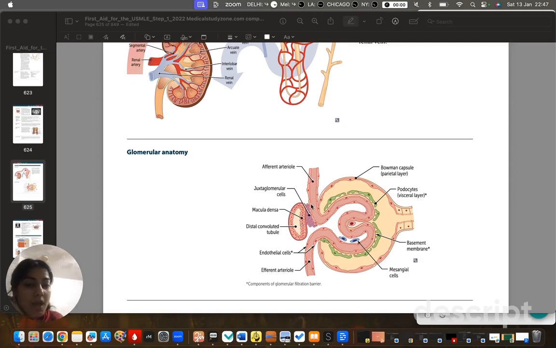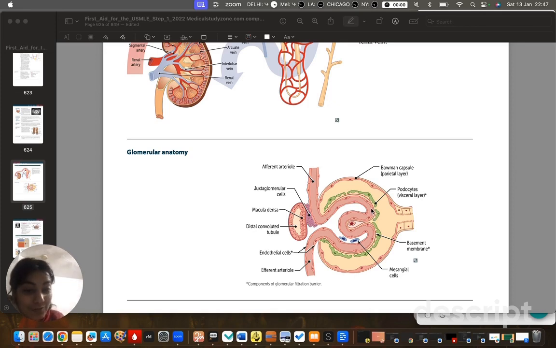So artery going in, blood going in, the first thing it sees before it escapes the filter is this cell here. This is the endothelial cell of the lining of the vessel, right? Because it needs to go through that in order to escape. This is waste stuff that is escaping.